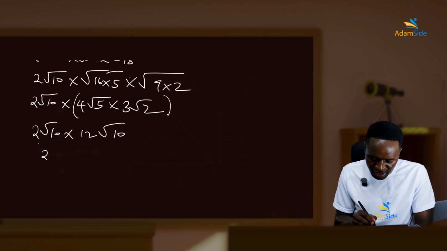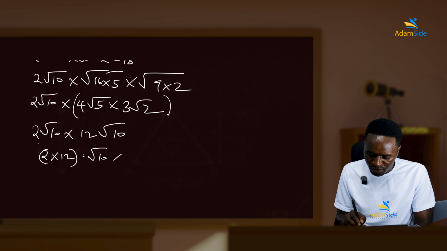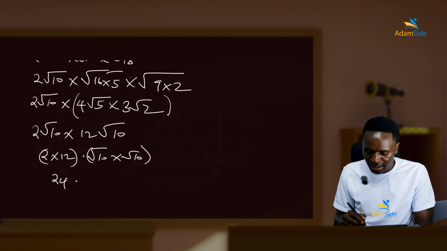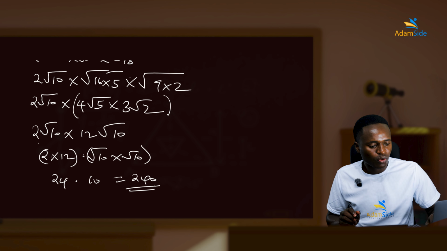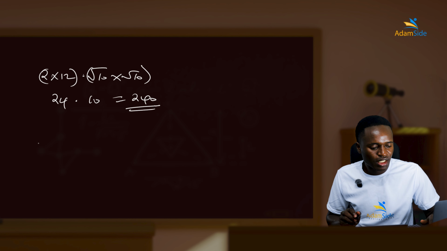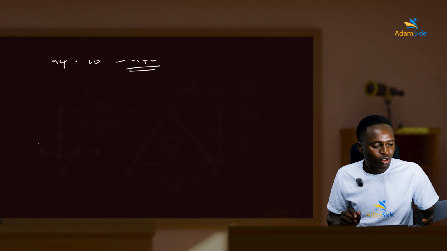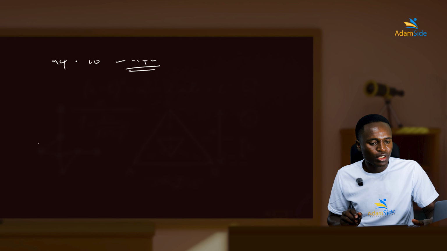You can multiply coefficient 2 times 12, and then root 10 times root 10. So here we get 24, and root 10 times root 10 is 10. Our answer is 240. Those are the kind of questions we need to understand when solving.